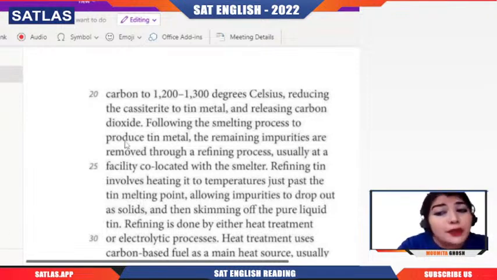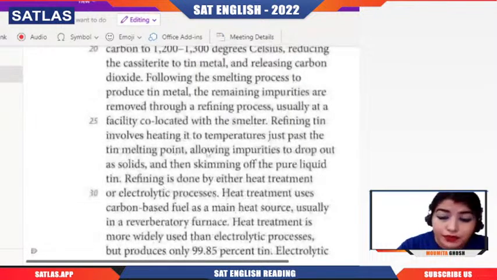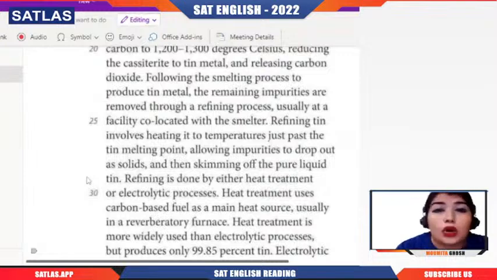Following the smelting process to produce tin metal, the remaining impurities are removed through a refining process, usually at a facility co-located with the smelter. Refining tin involves heating it to temperatures just past the tin melting point, allowing impurities to drop out as solids.